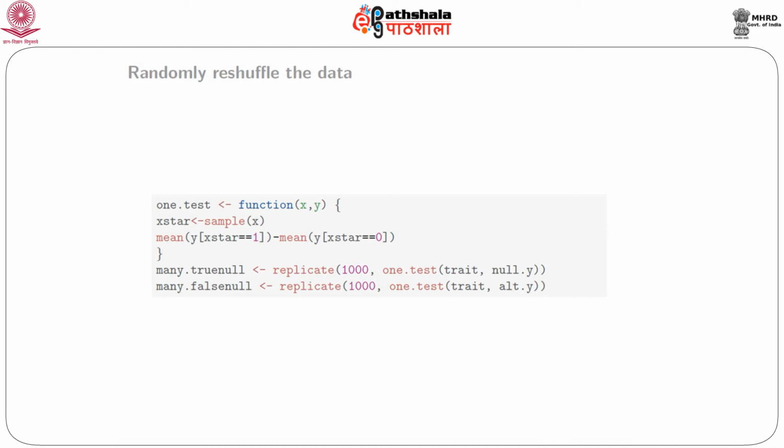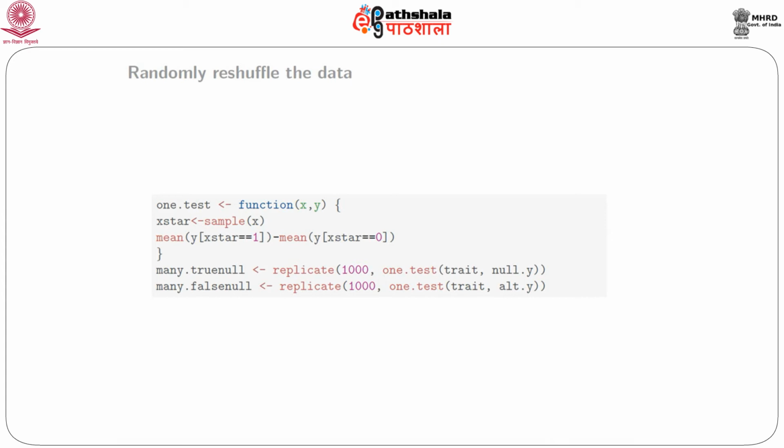So, what we can do is use the replicate function now, replicate 1000 times one dot test, and instead of x now I am providing trait. What it would do is sample randomly from trait, and instead of y it would use null dot y.